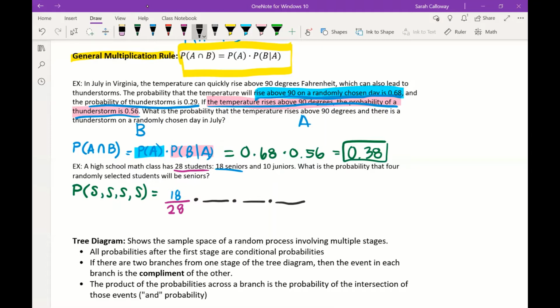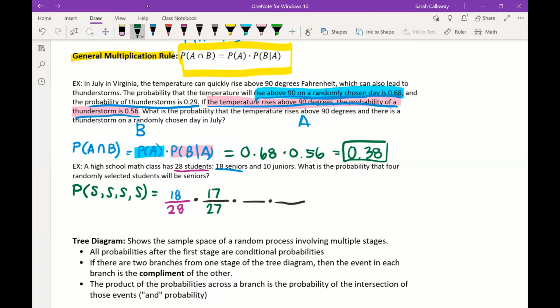After this, they're all conditional. Now this is the probability that I choose a senior, knowing I already chose a different senior. So one of these seniors is gone, which means there's only 17 seniors left and only 27 students left.